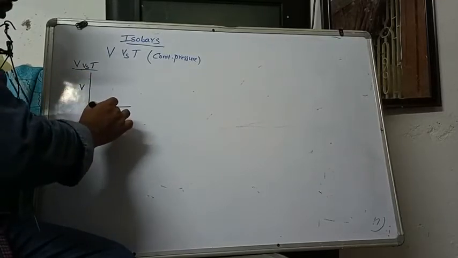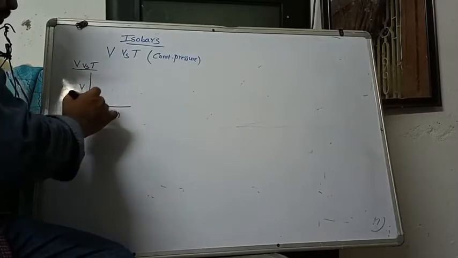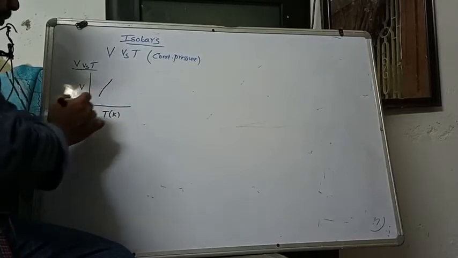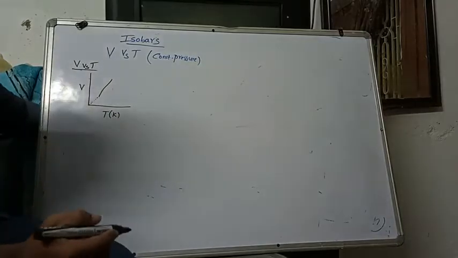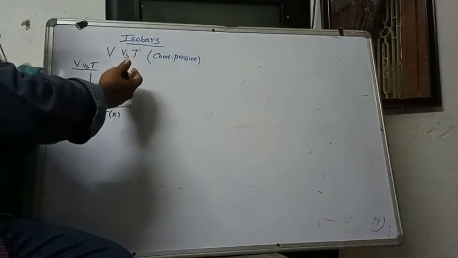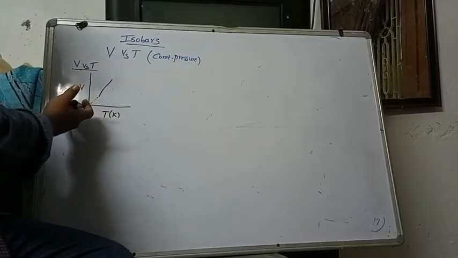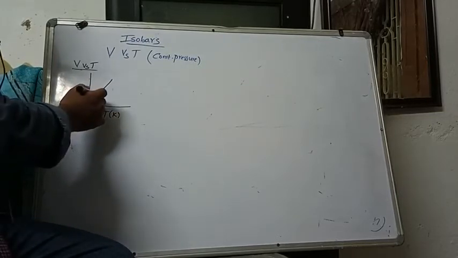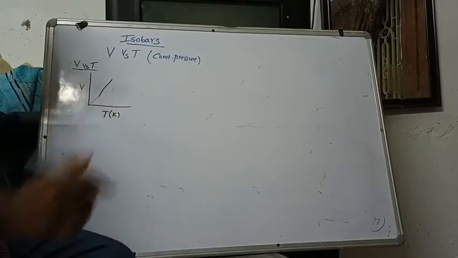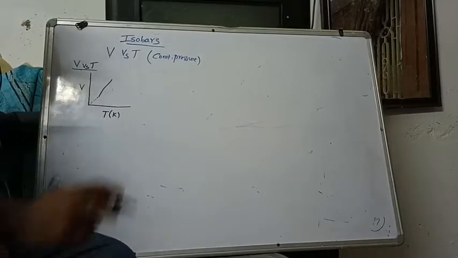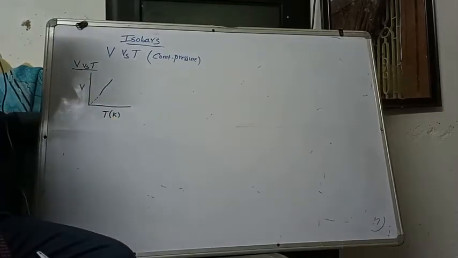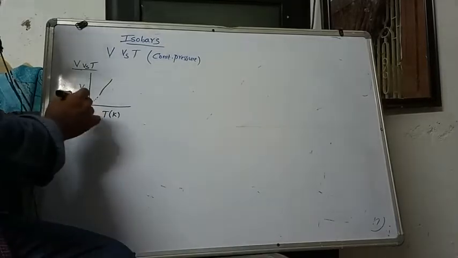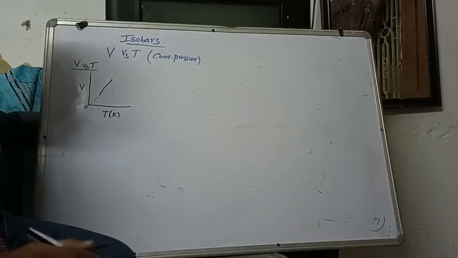Volume, temperature in Kelvin. It is a straight line, but it is not passing through the origin. If you extend the graph, it will come to the origin, but it won't actually come, because previously I told you that the volume of a gas can never be zero.